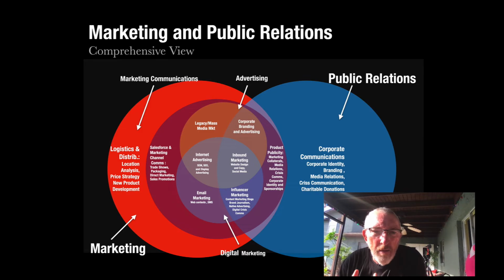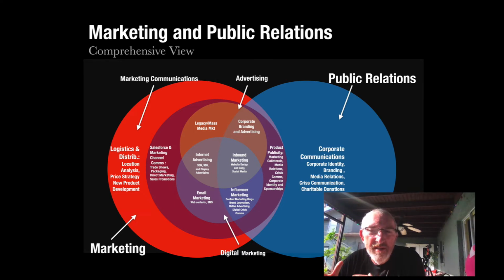Then we have inbound marketing, where we have the website and social media. Again, that's a crossover. There are functions on the marketing side that need to deal in those domains, but it's also domains that public relations has to deal with. And then we also have influencer marketing.